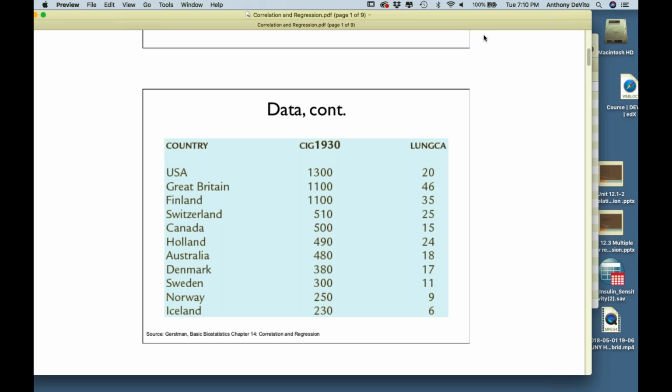So in this case, we're looking at the number of lung cancers in these different countries, and the rate of cigarette smoking in each one, per capita rate of cigarette smoking per year, I guess, and so on and so forth. And we're wondering whether the rate of lung cancer is associated with the rate that people smoke at.